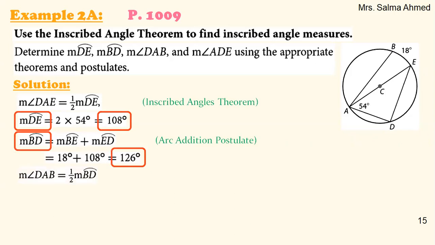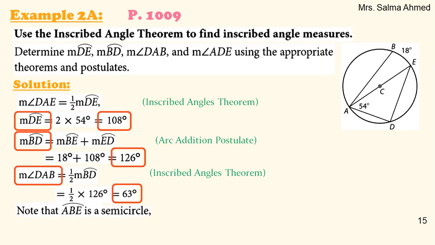Okay, again, we are going to use the inscribed angle theorem. The measure of angle DAB, this angle, is half arc BD that we got a while ago. So half times 126 gives me 63 degrees. So this angle BAD is 63.